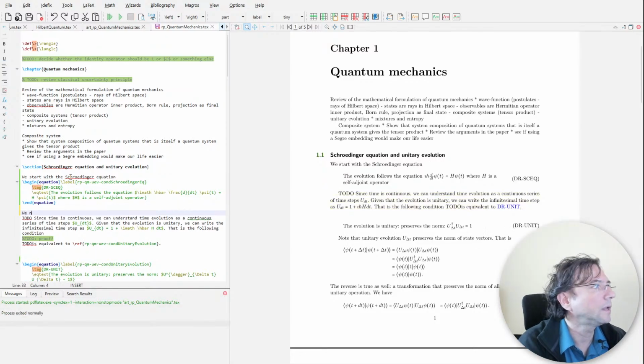Okay, so we now want to write the evolution as an operator that acts on a wave function.